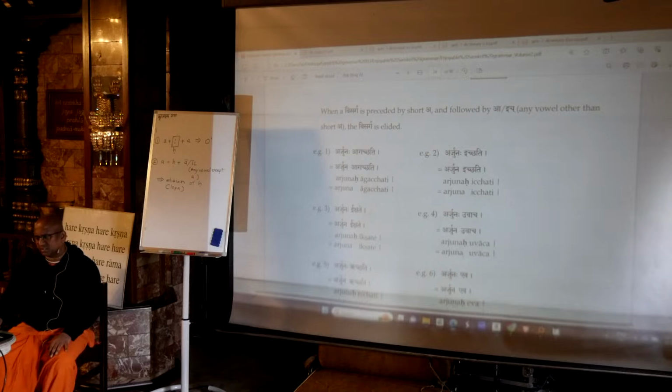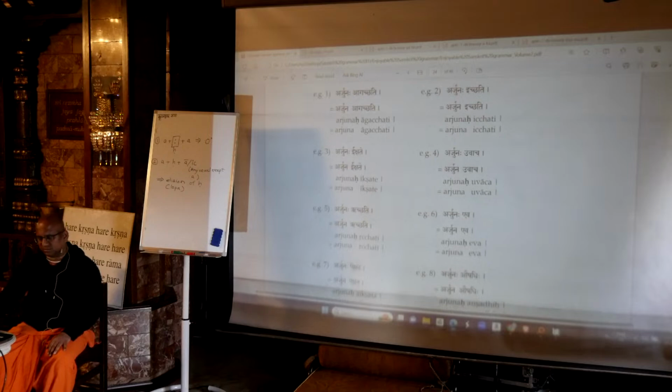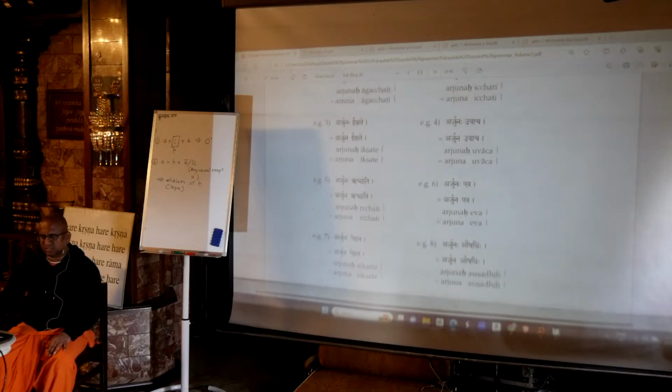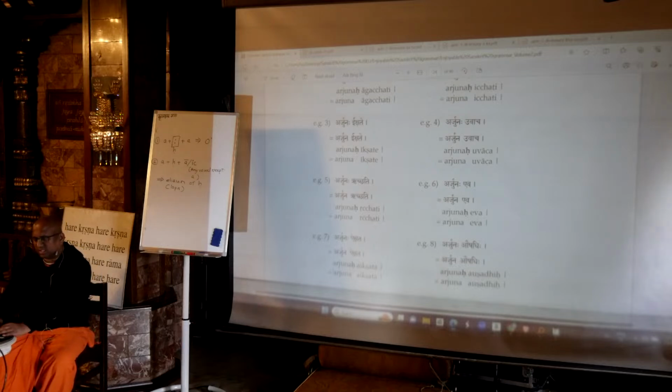Arjunaha uvacha, see, you can see here. Arjuna uvacha. Arjunaha richchati is becoming Arjuna richchati. So this way, she has given all the examples with the Arjuna word, you know. So whether there is ekar, aikar, aukar, like that, anything, it will satisfy this condition, and that's how there will be elision of the visarga. And once visarga is elided, then nothing further. This will stay as it is, Arjuna aikshata. It will not become some other case of vriddhi sandhi or something. That's it, like that. So this is how it works, you see.